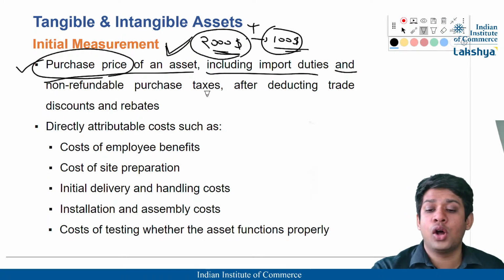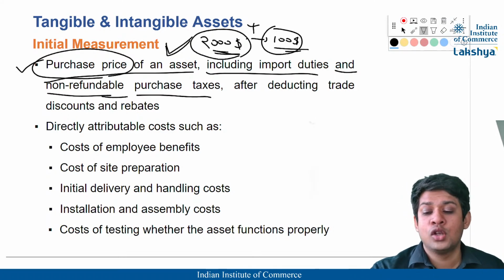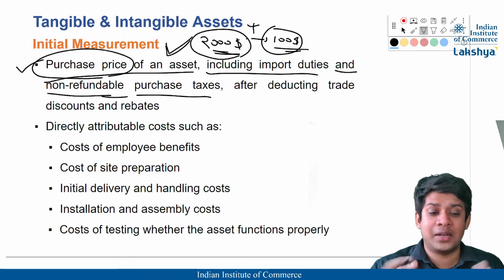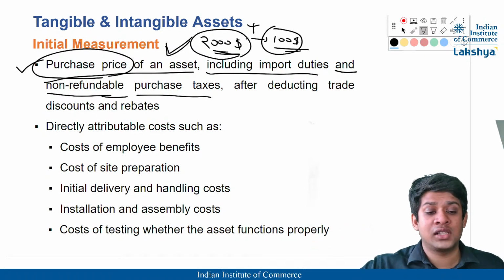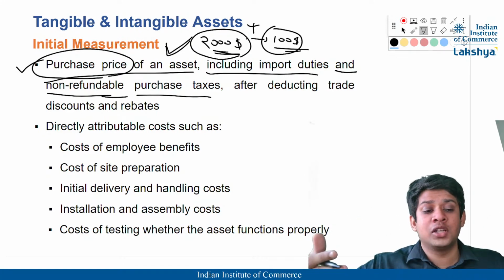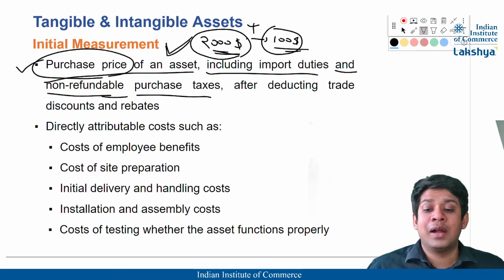Okay. Any sort of non-refundable purchase taxes. So for the purchase of that machinery, if I am paying certain taxes which are non-refundable in nature, that means they are incurred once. I am not going to get a refund for the same. There would be some purchase taxes that are refundable, probably because I'm making a sale of it later on to someone else. But if they are non-refundable in nature, that means I'm the ultimate consumer who's consuming the asset.